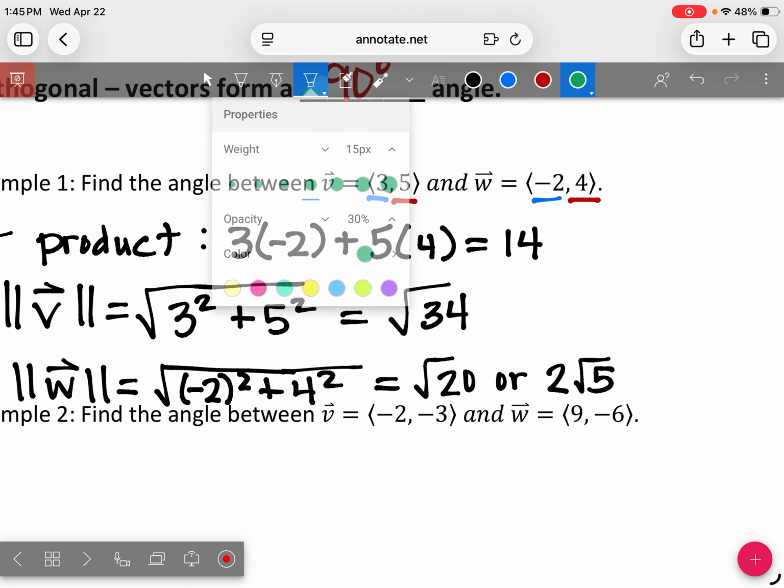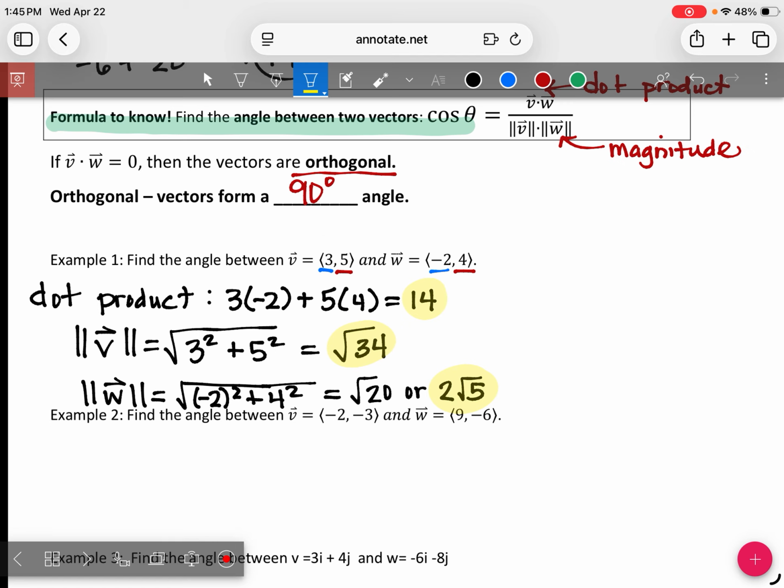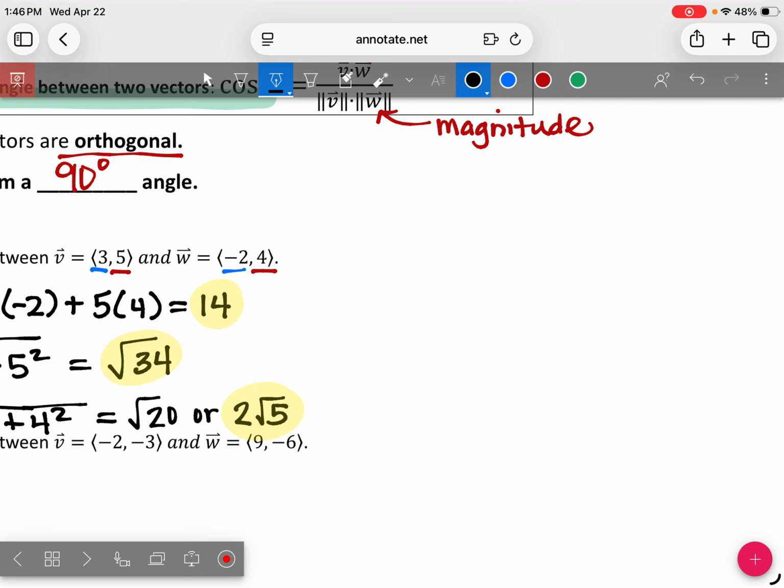So now what I'm doing is I'm taking these three numbers and I'm going to find the angle between vector V and W. So to do that, because I'm looking for an angle, that means I take the inverse cosine. Remember, angles are always inverse. So the angle is going to be the inverse cosine of your dot product in the numerator.